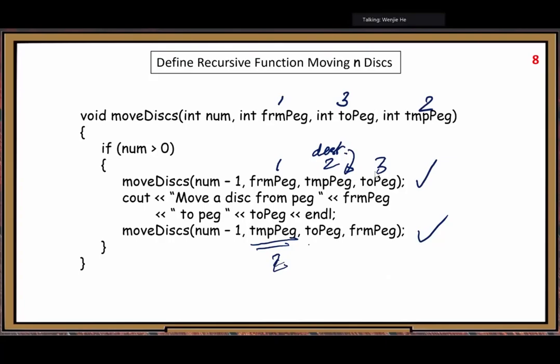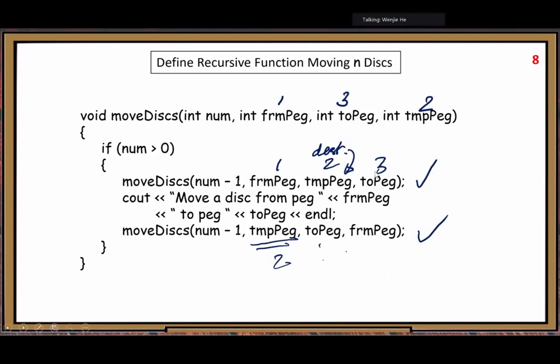Oh, my pen looks not quite right. So 2, the destination. Yeah. My pen is very strange. Cannot write smoothly. 2, 3.